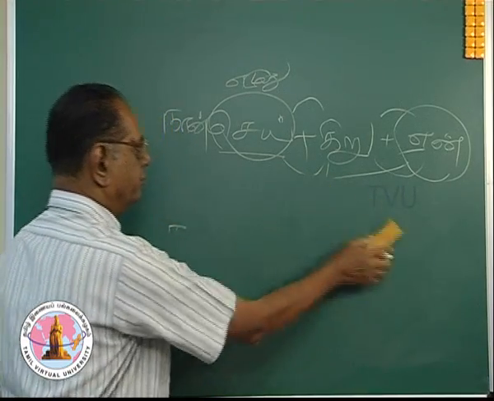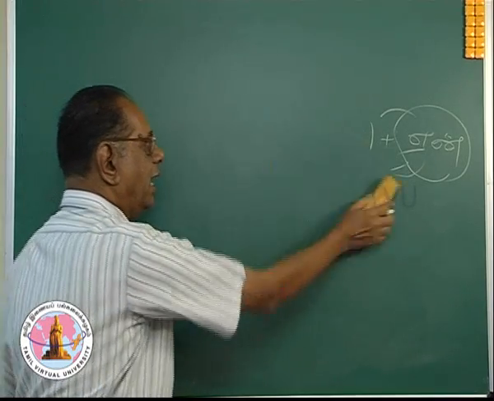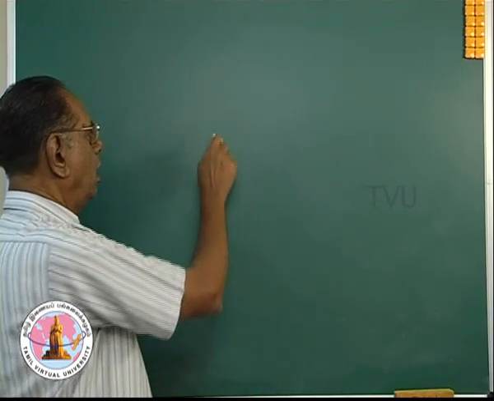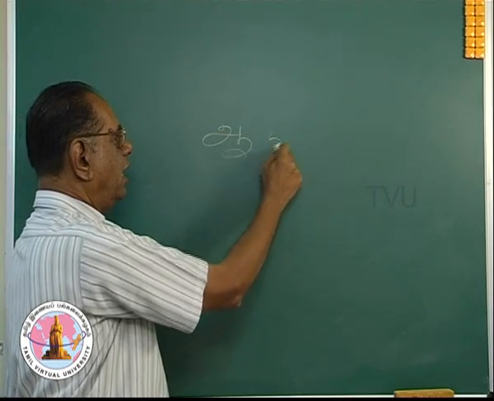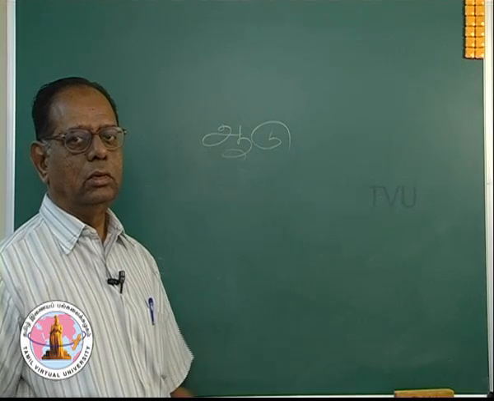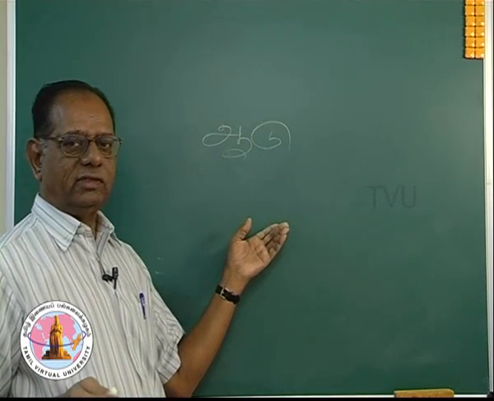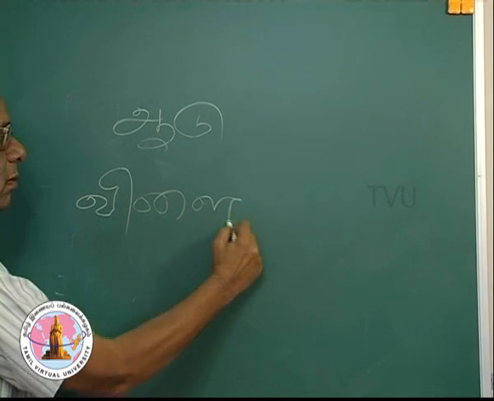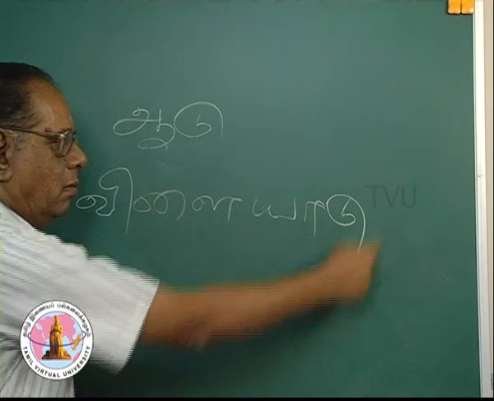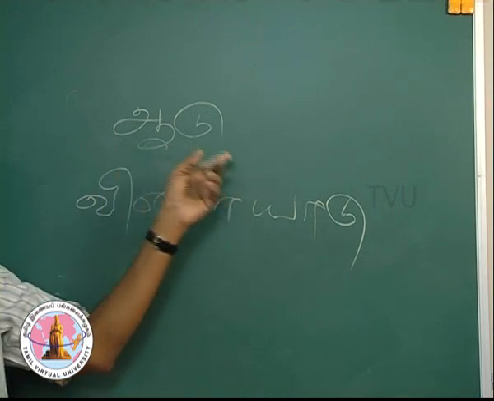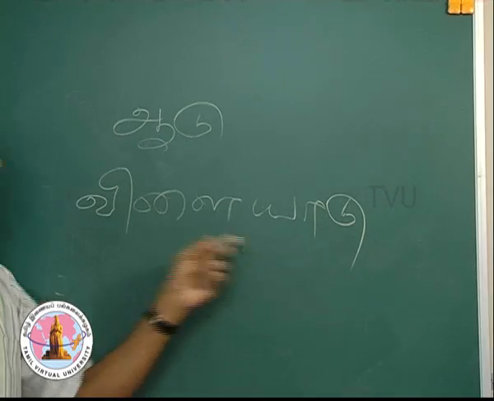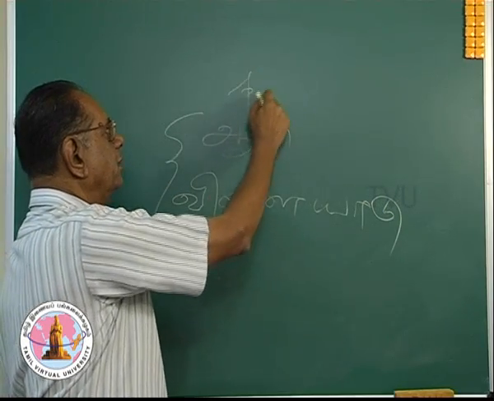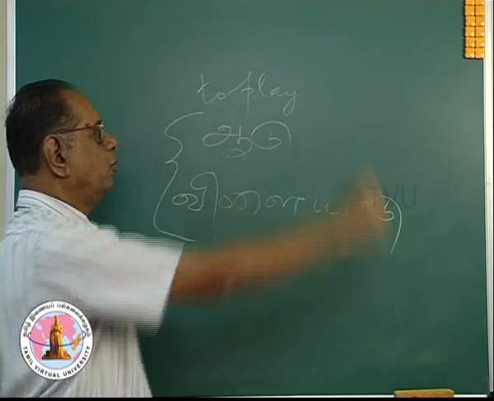This is a pattern, and with this pattern we will have a few more verbs that will give you an idea how to include these two suffixes and make a finite verb. ஆடு or விளையாடு, both stand for play, to play.